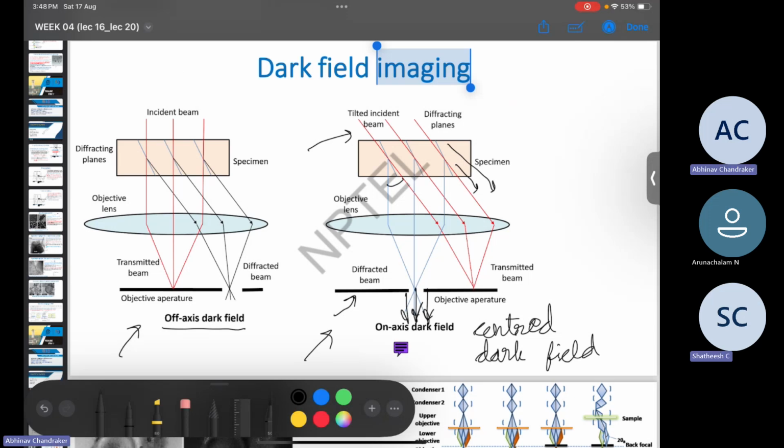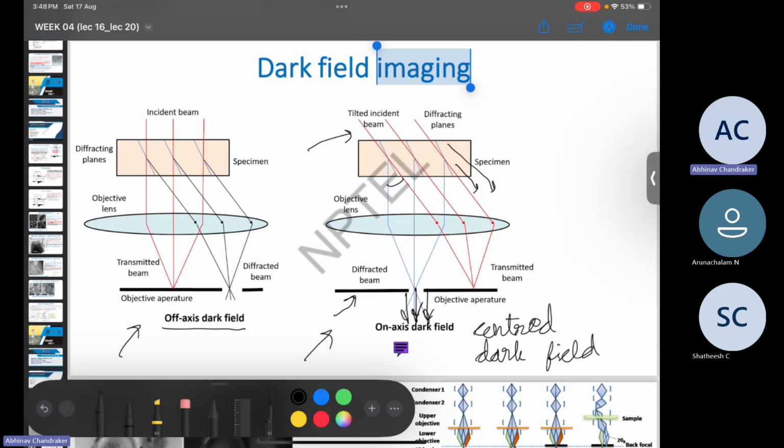We had talked about spherical aberration when discussing both optical microscopy as well as electron microscopy, and there we had understood that if the electrons are away from the optical axis, if the aperture size is large, we'll have more spherical aberration.